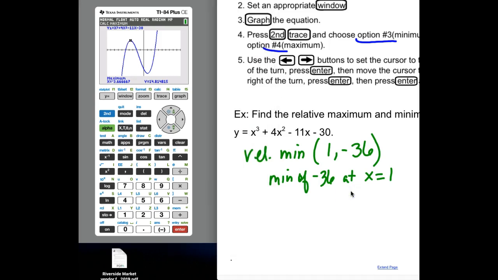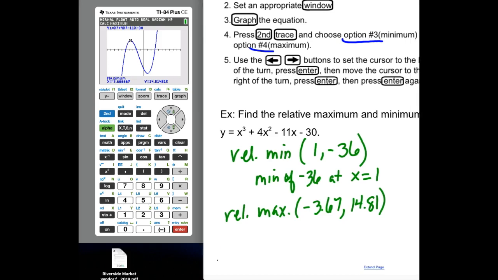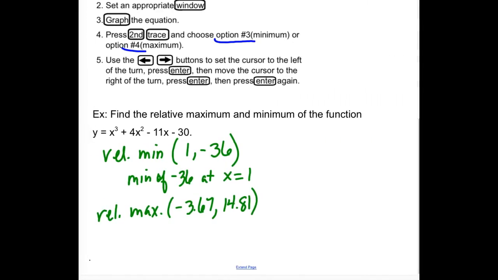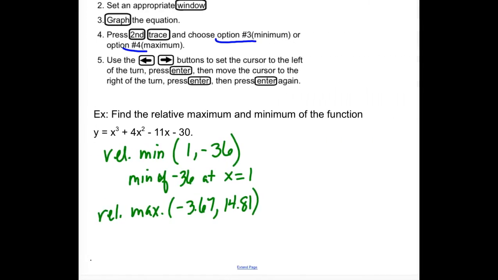And so we have a relative maximum of -3.67, and we're going to go out to the hundredths place, just round to the nearest hundredth, and then the y coordinate would be 14.81.